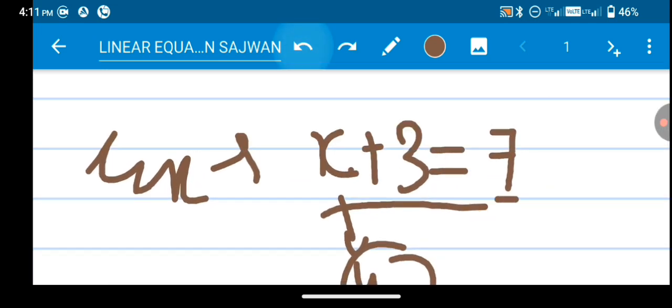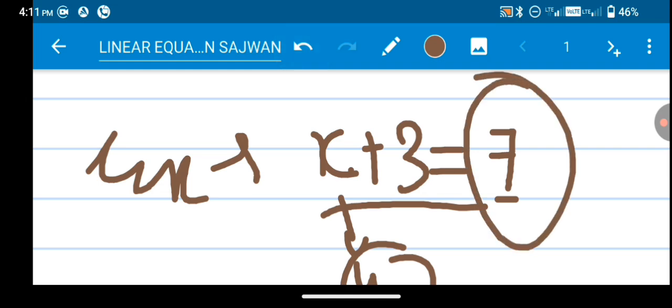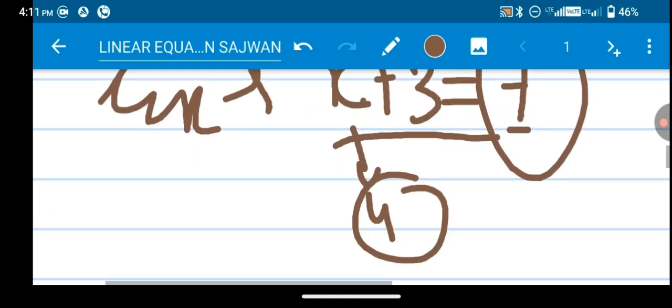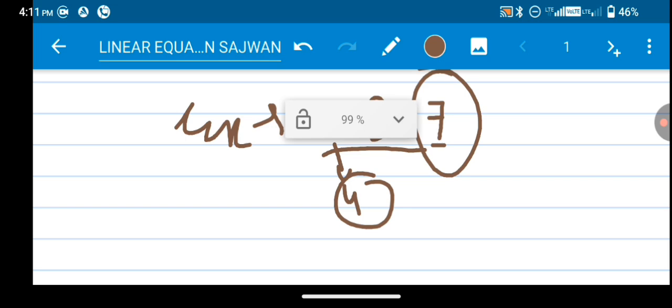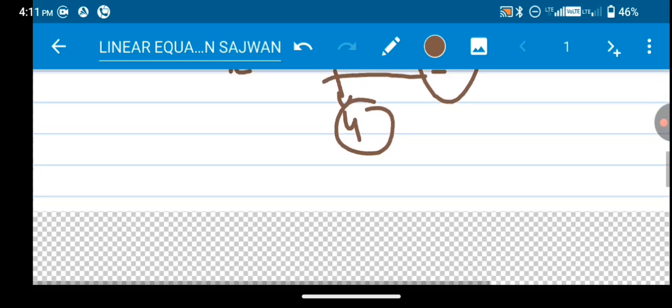There is a point to remember: in a linear equation in one variable there is only one solution, and in a linear equation in two variables there will be infinitely many solutions. So keep this in your mind.